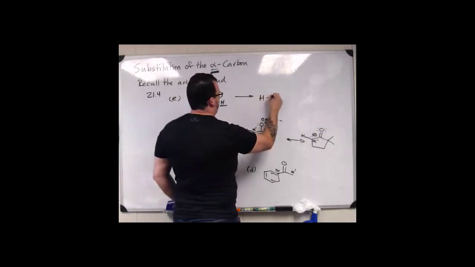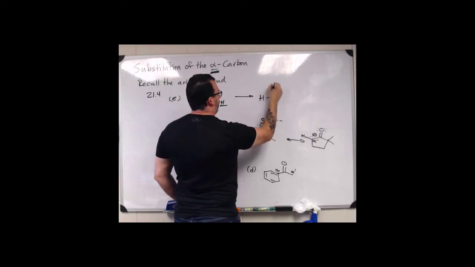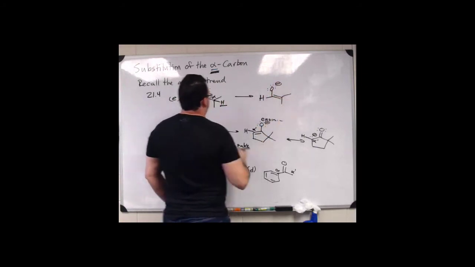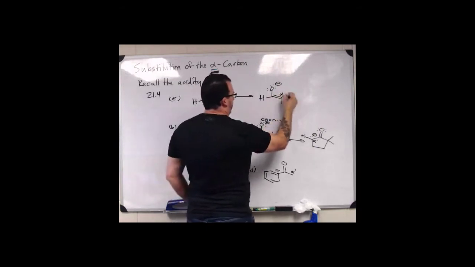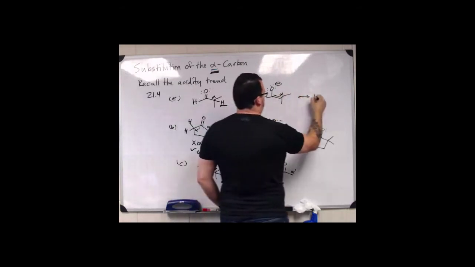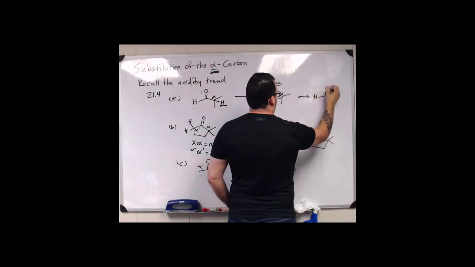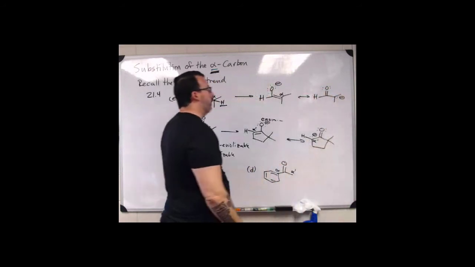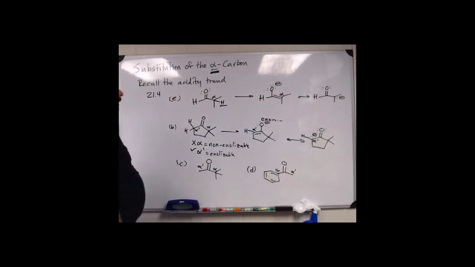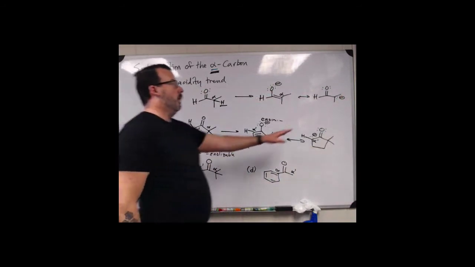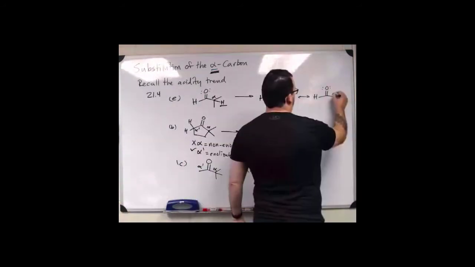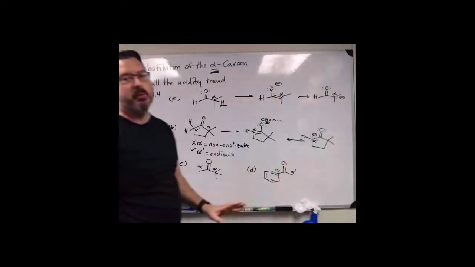So again, our alpha carbon resonance form. The nucleophile supplies the electrons to form the new bond between alpha and beta prime, the new beta carbon.